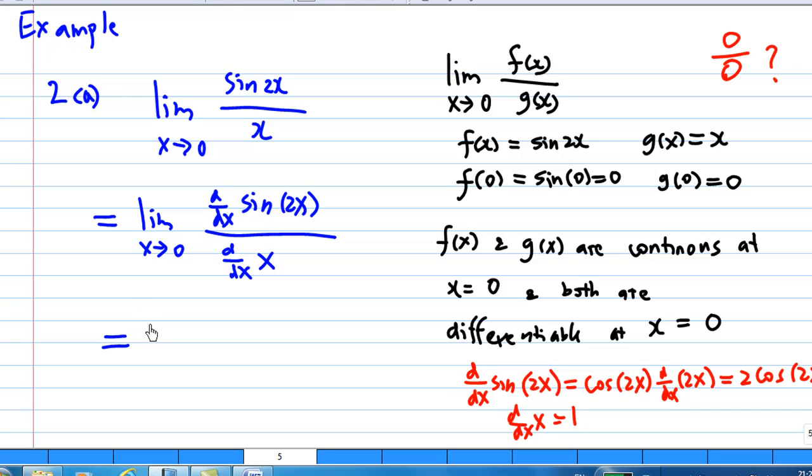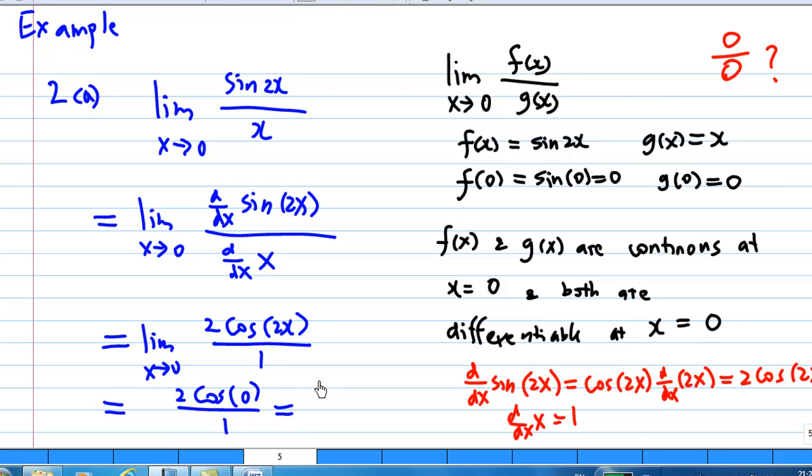So the answer will be the limit as x goes to 0 of 2 cosine 2x over 1. When x approaches 0, I have 2 cosine 0 in the numerator, the denominator is 1, and we know cosine 0 is 1. So this is 2 times 1 over 1, which is 2.